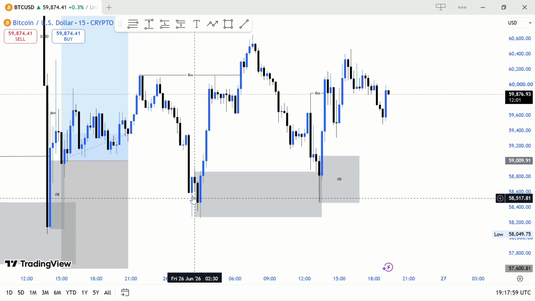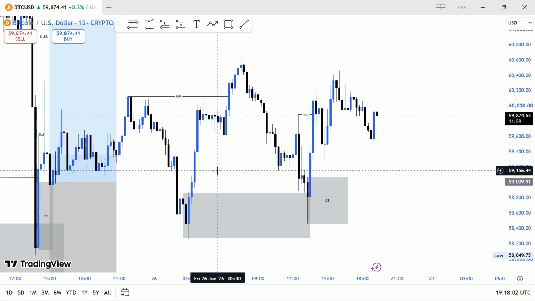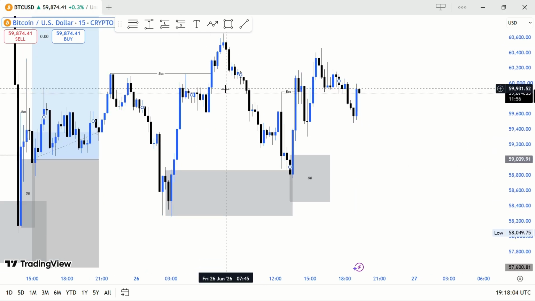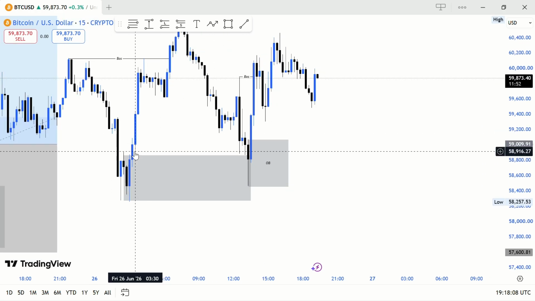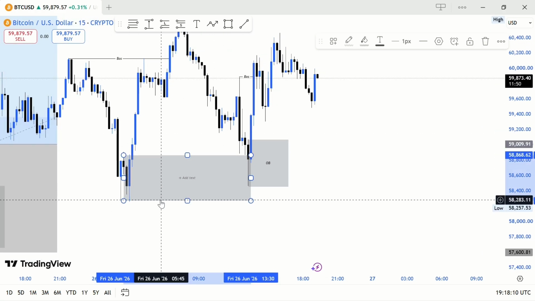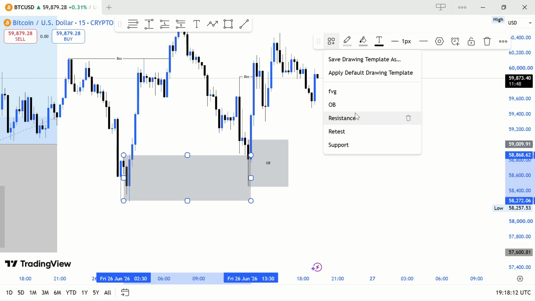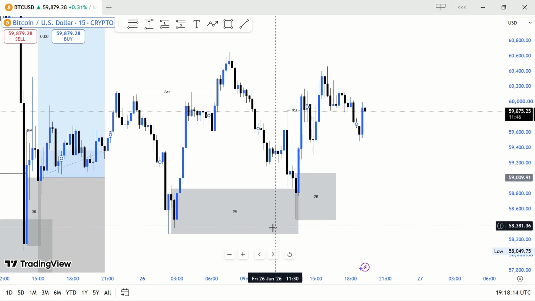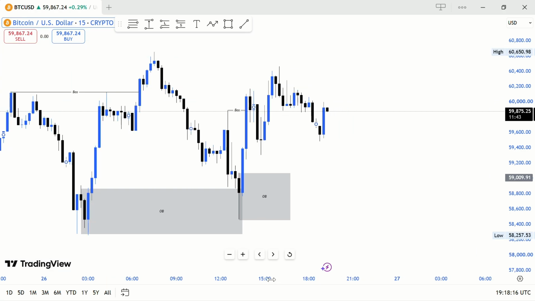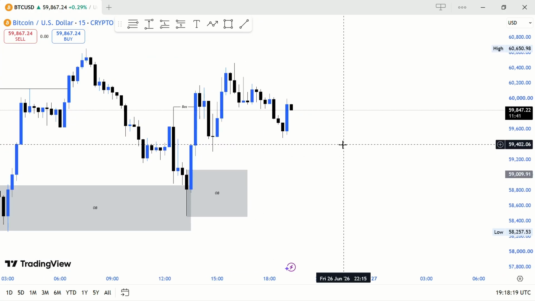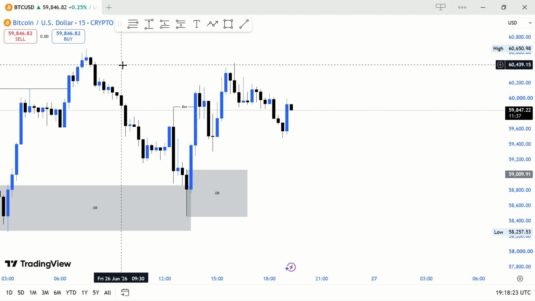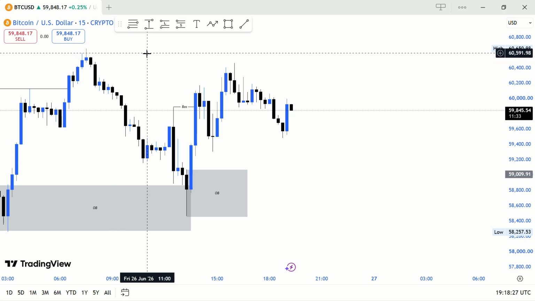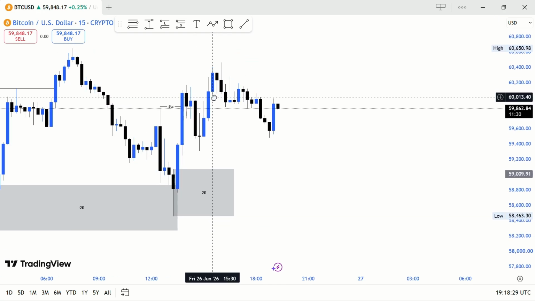So it took a dip here and then went up, creating another BOS, and went down to close this other block. So after taking this other block, for the 15 minutes we got a push to the upside, touching this level.